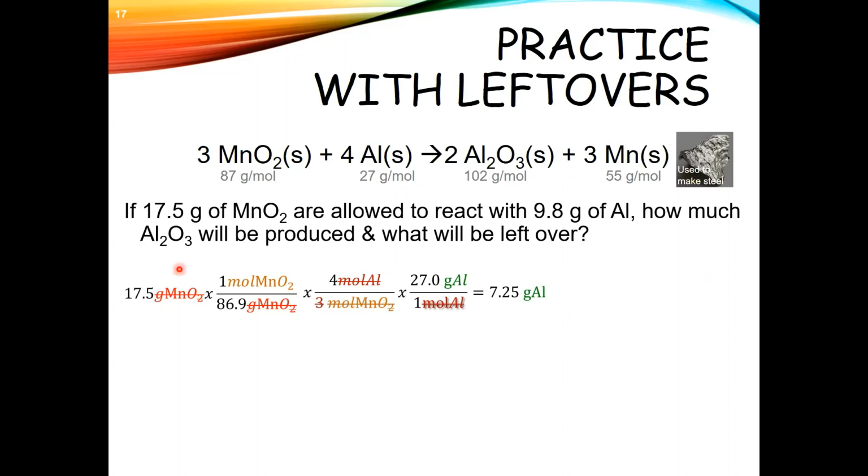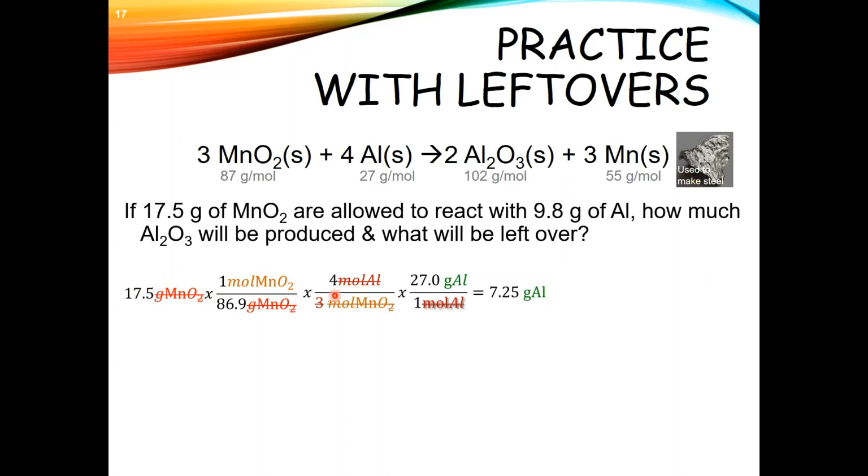In this case, I've decided to figure out how many moles of aluminum would be used up if I used up all of my manganese, or my MnO2. So I take my 17.5 grams of MnO2 present, divide by my molecular weight of MnO2, and that tells me how many moles of MnO2 I get.